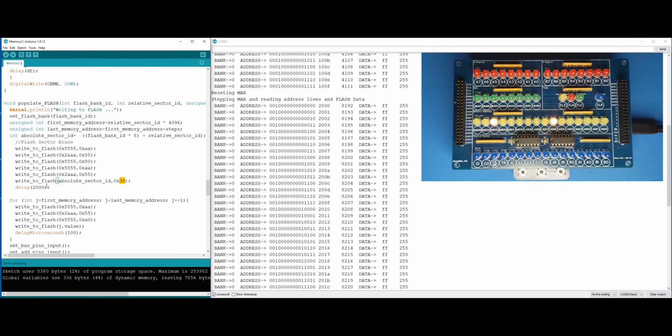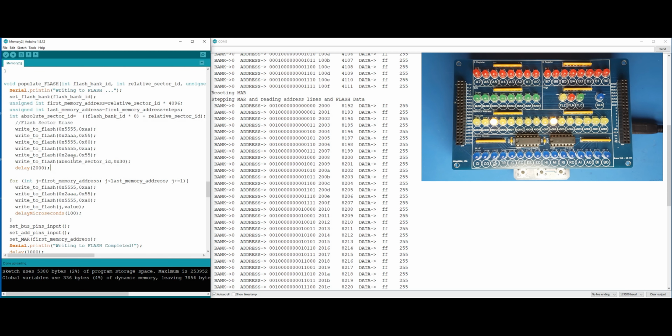Then we're creating a 2-second delay here, just to give the chip enough time to clear the flash memory. To be honest, I just came up with 2000 milliseconds here. I'm not sure how much time is required. We could probably look at the timing diagram, but I just wanted to take it easy and give it 2 seconds so that the clear operation is completed.